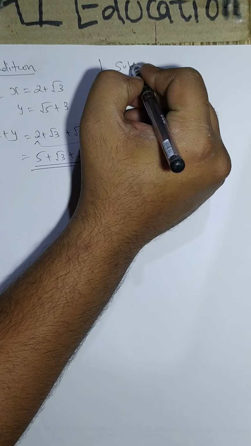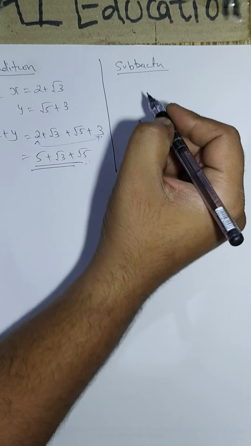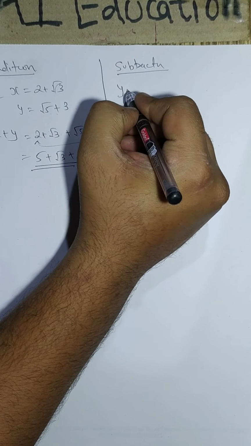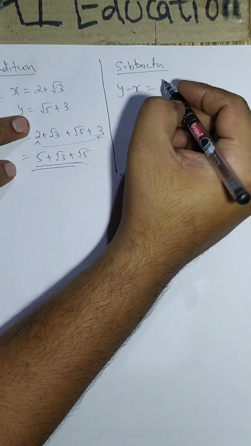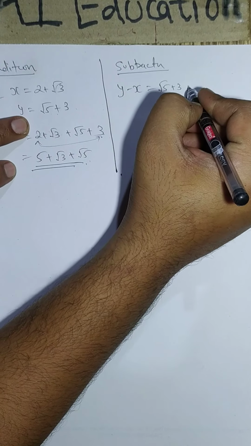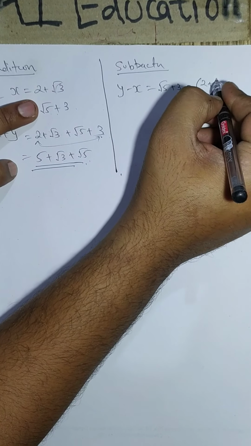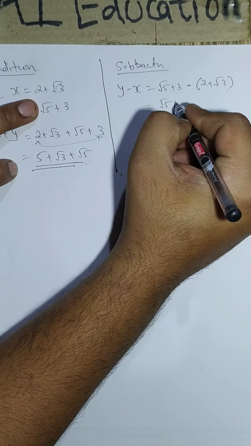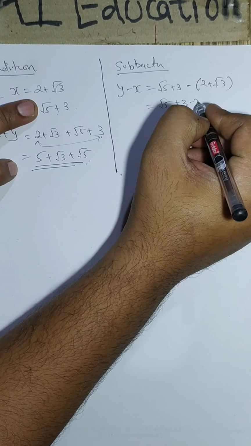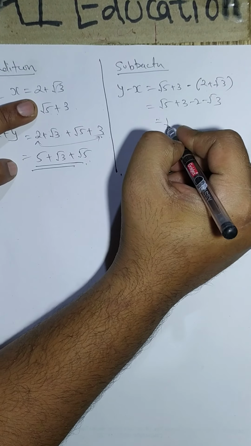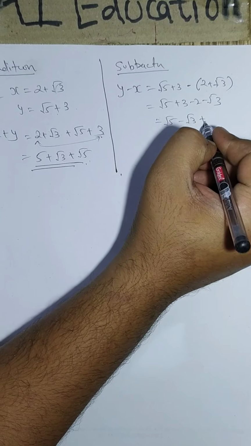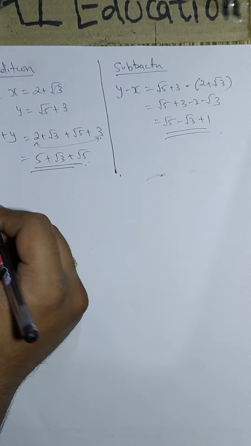Similarly, let us say we are asked to do subtraction. Again taking the same numbers, if we are asked to find y minus x, we write down y first and then the x term. So 3 minus 2 minus root 3, so that is root 5 minus root 3 plus 1. This is the answer.